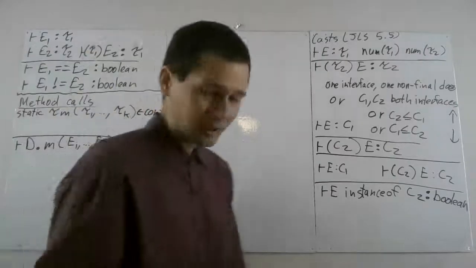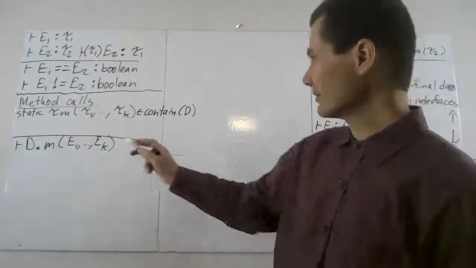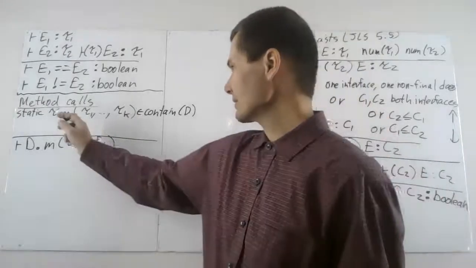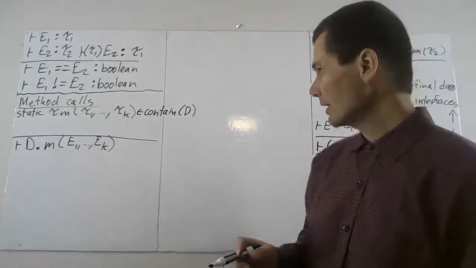Okay, and so the method declaration tells me the types of the parameters. It tells me the return type.